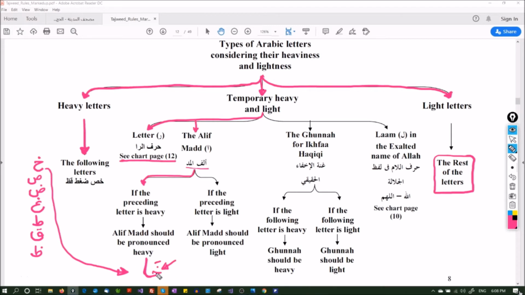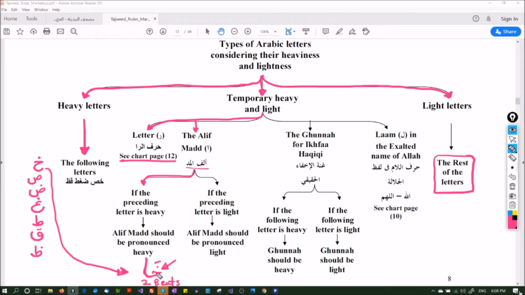So what are we basically doing? We are just continuing the roundedness or the heaviness of Kha, and we stretch it for 2 beats. 2 harakat.